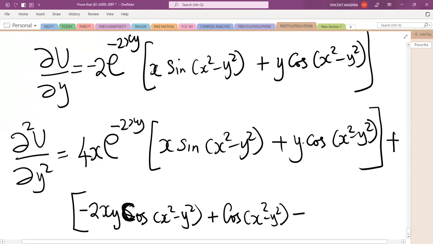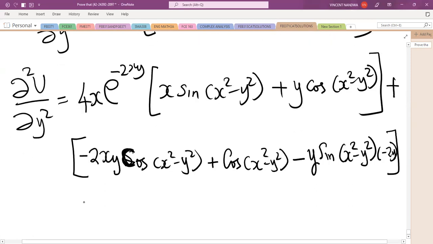and then minus, derivative of cosine is minus sine, and then this one will be minus. So I'll have minus, then y, and then sine of x squared minus y squared. But then I multiply by the derivative of this, which is minus 2y. And then you multiply this by negative 2 e raised power minus 2xy.